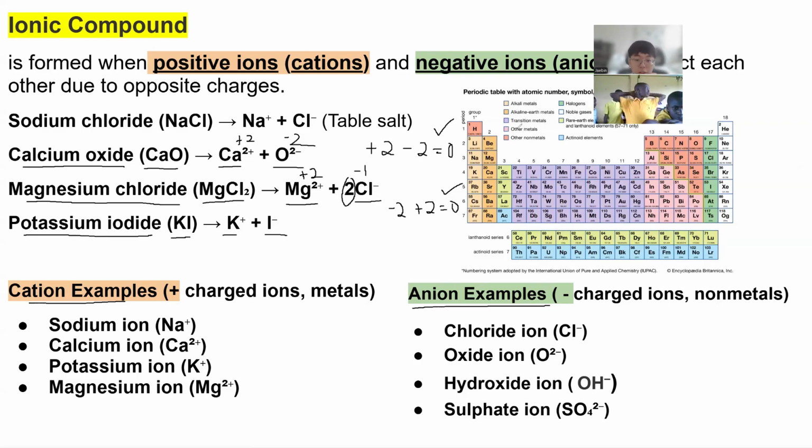Yeah, we look at the columns. Always remember, we look at the column number. Sodium is in the first column, right? That's why it has +1. Whatever is in the second column has +2.